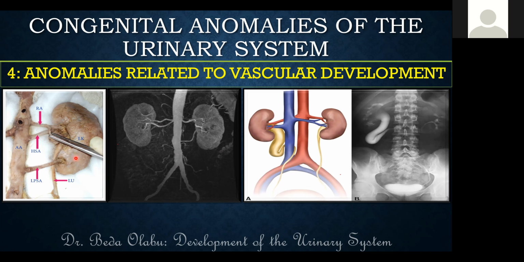Hello. Yes, I'm able to see two ureters. There are three. They're not ureters. On the first image, the first image is the ureter. So the ureter is just one.